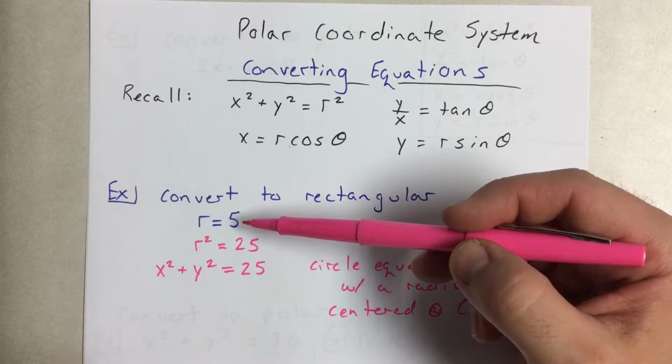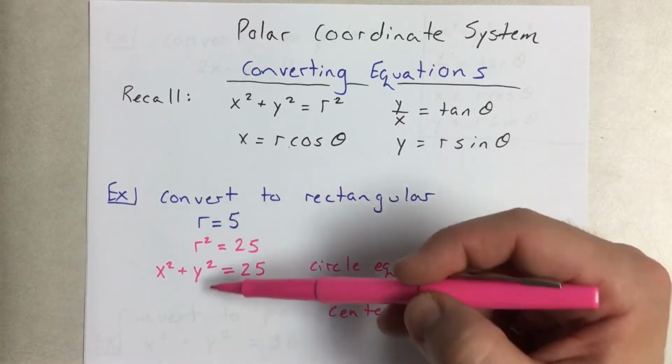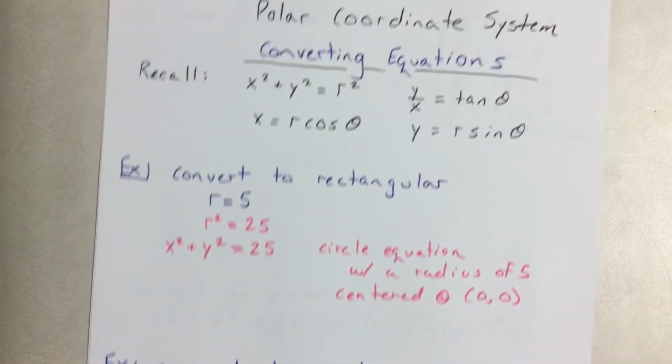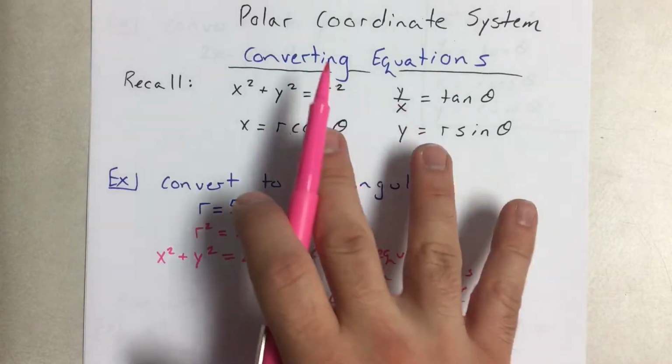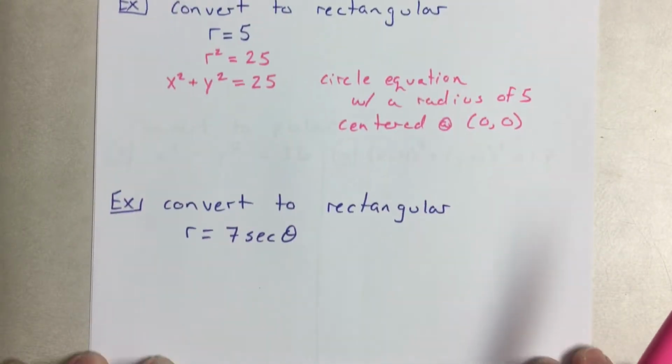Circles in the polar system are very, very clean, very, very simple. I mean, really, rectangular's not that bad either. But let's look at the next one. Keep in mind, guys, if you do not have these written down, write your conversion factors down now.